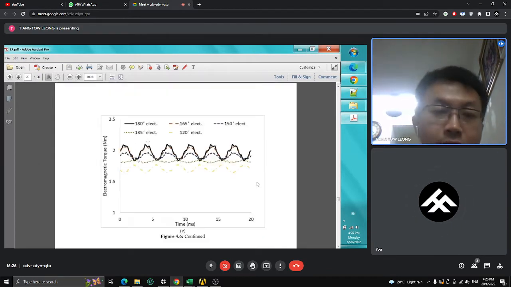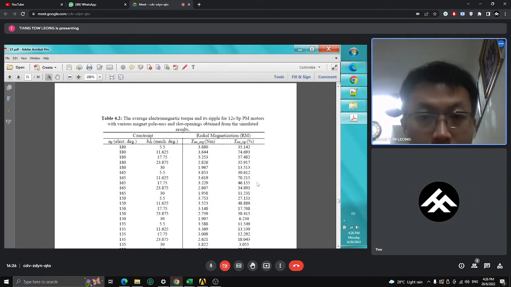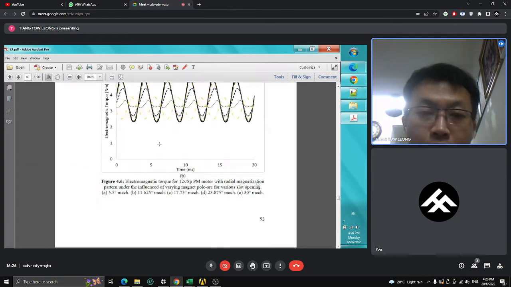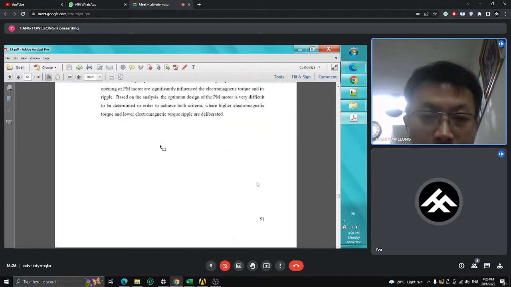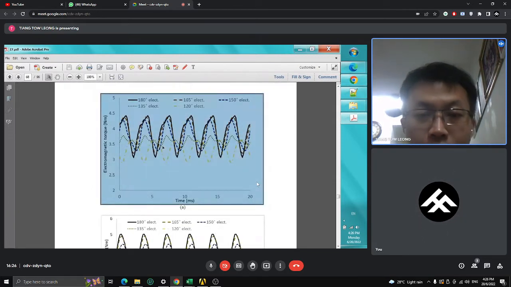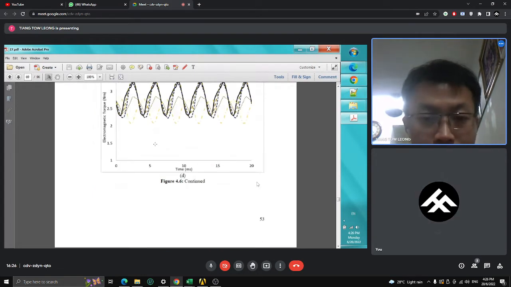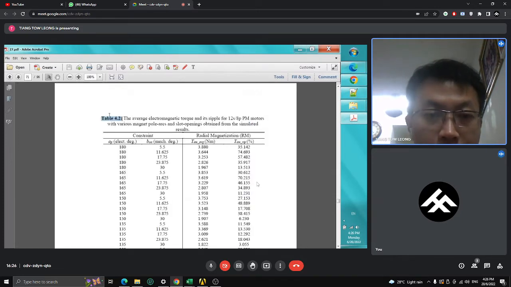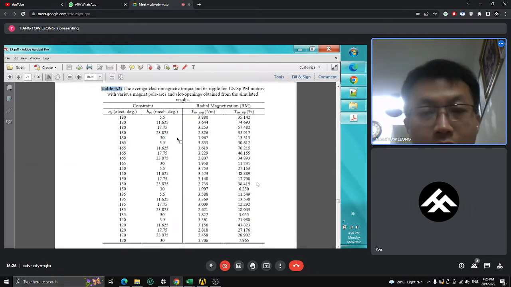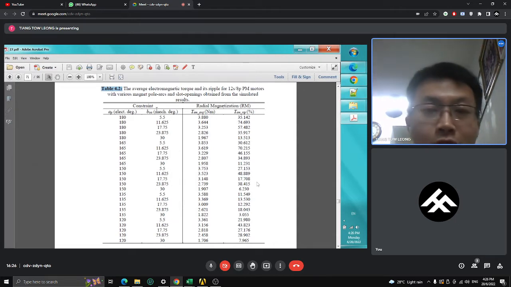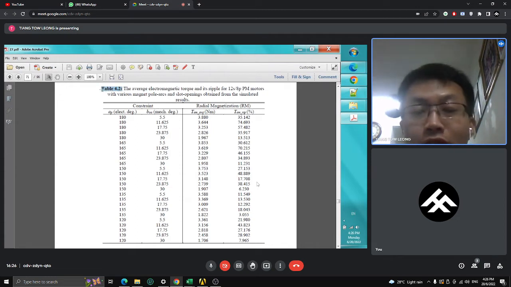So figure 4.6 must be included. But his figure 4.6 is for various BOA, with A, B, C, D, so yours is only one picture. Understand? And table 4.2, the tabulated one that you made, my idea is I wouldn't include it, but his thesis did include it. So this one is according to you. If you want to include it, you include it. But my idea is I won't.